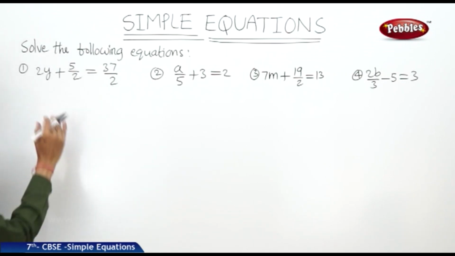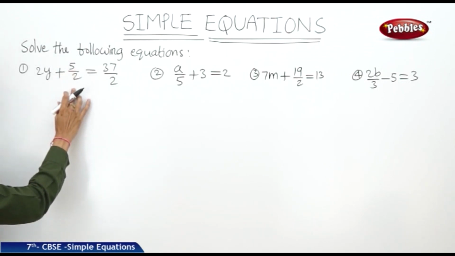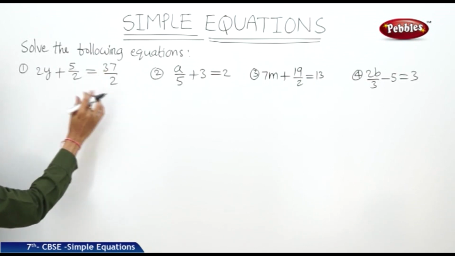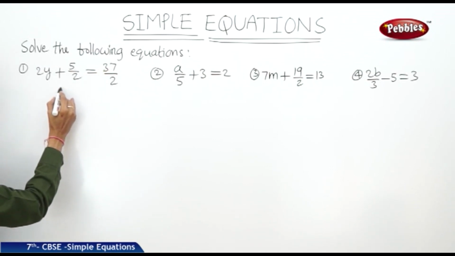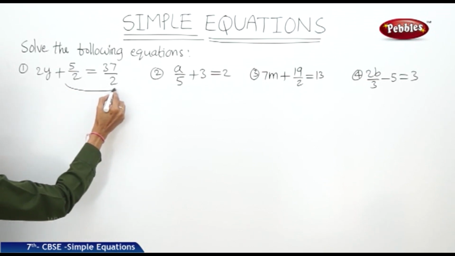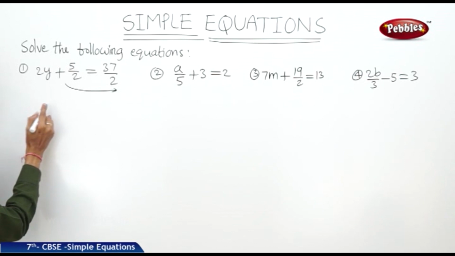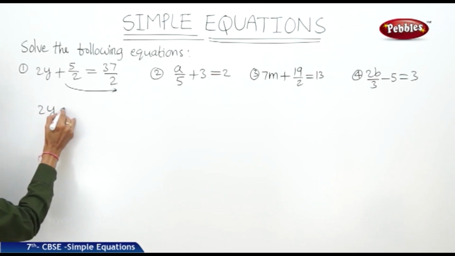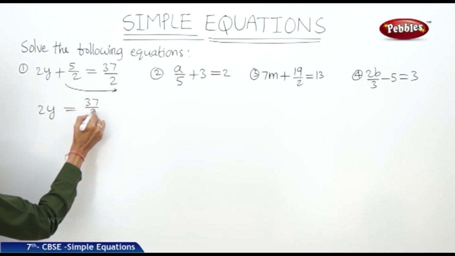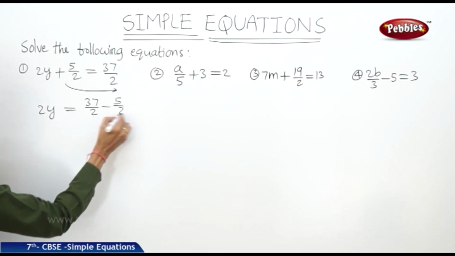In the first equation, 2y plus 5 by 2 equals 37 by 2. So when you transpose plus 5 by 2 to the RHS, it becomes minus 5 by 2. So then we get 2y equals 37 by 2 minus 5 by 2.